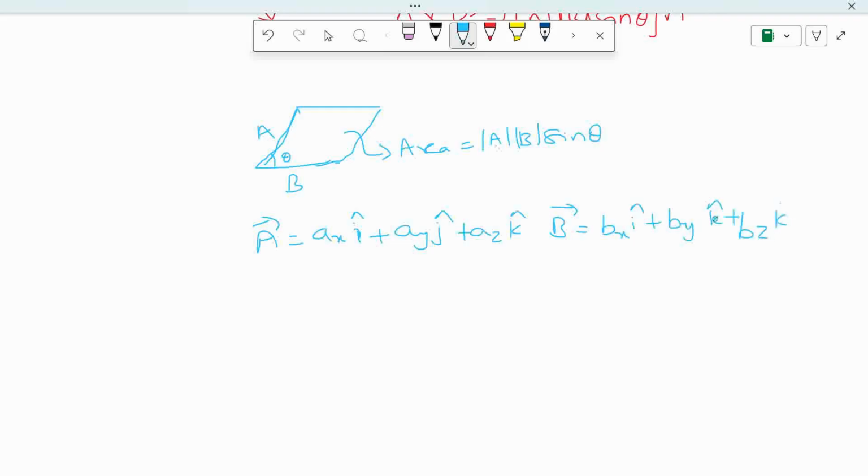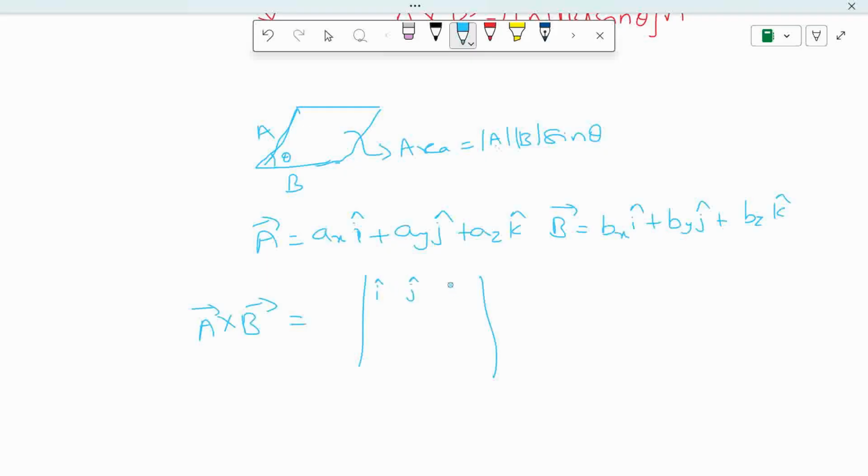Sorry, using J cap. In order to calculate A bar cross B bar, this will come out as a vector.